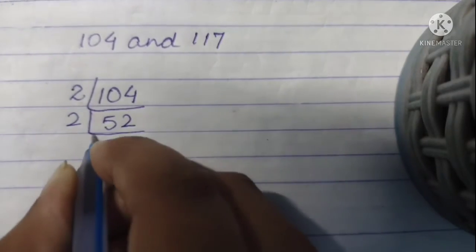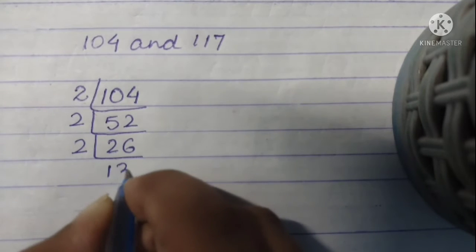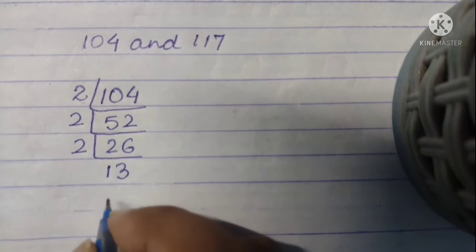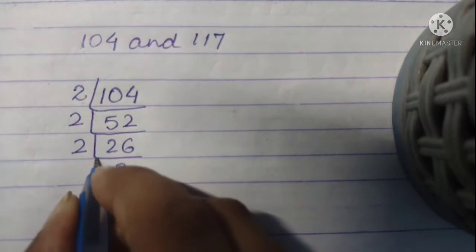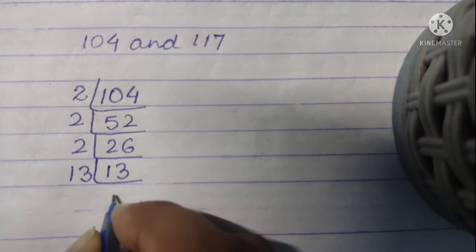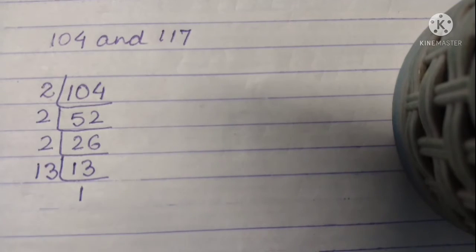Quotient is 26. 26 is divisible by 2. The quotient is 13. Now as you know, 13 is a prime number, so divide itself by 13. And the quotient is 1.